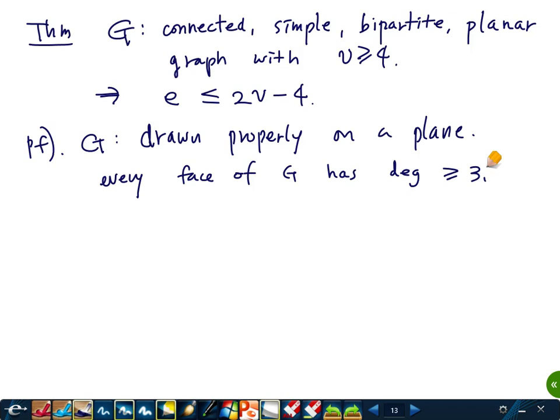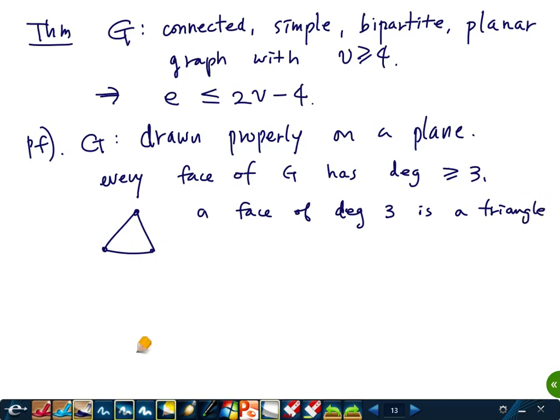But now, this is a bipartite graph. Can we have a face of degree 3? If you have a face of degree 3, it must be a triangle, right? But can you have a triangle in a bipartite graph?